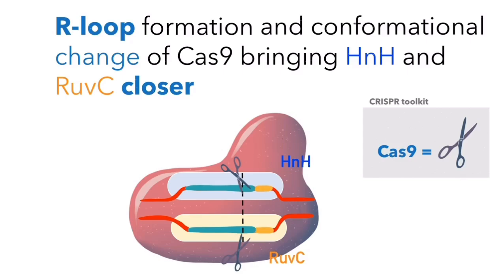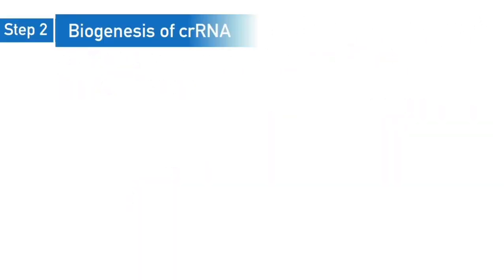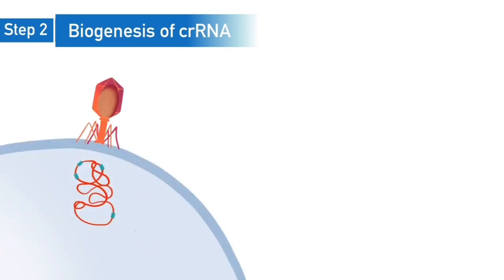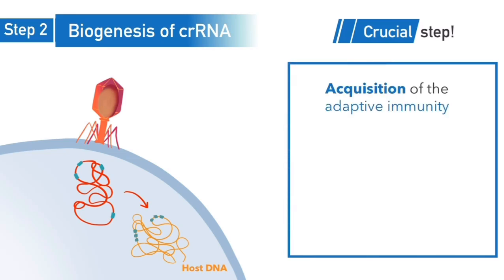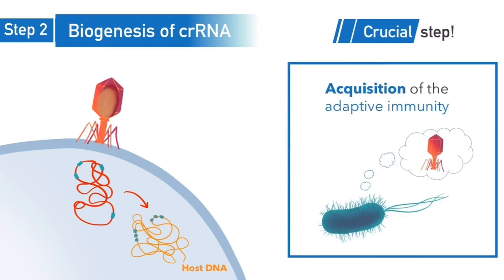The next step involves biogenesis of crRNA, i.e. the synthesis of CRISPR RNA, crRNA. In this step, the repeated nucleotide sequences acquired from the target DNA of the invader are incorporated into the bacterial host genome. This step is crucial in acquiring the adaptive immunity, since it creates a memory of the viral or phage invasion which comes to the rescue when re-attacked by the virus or the phage.